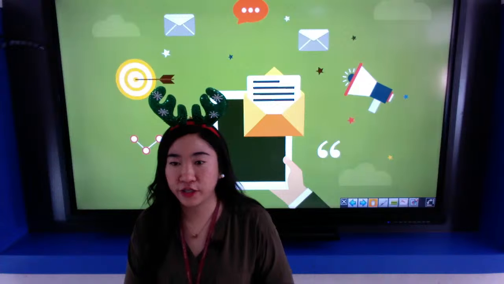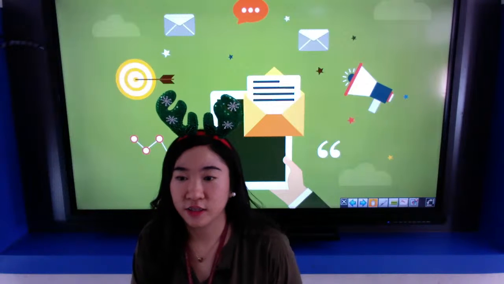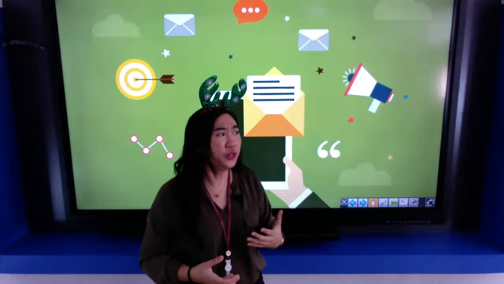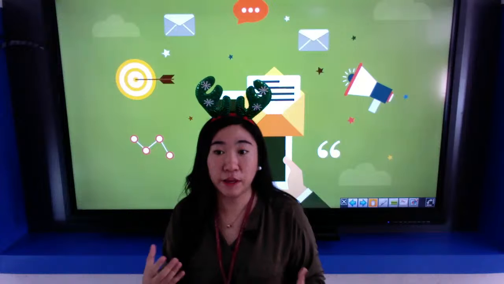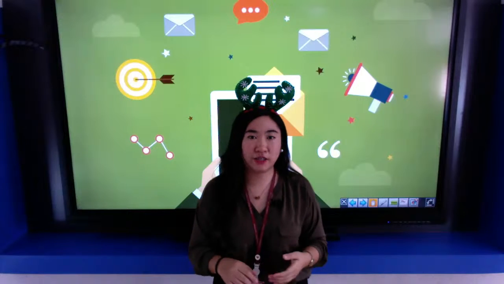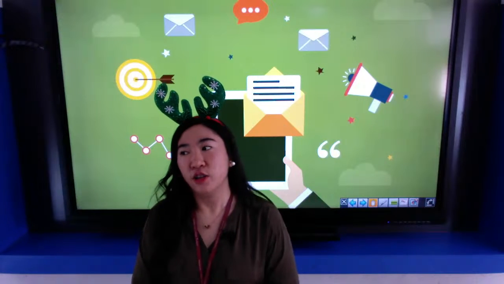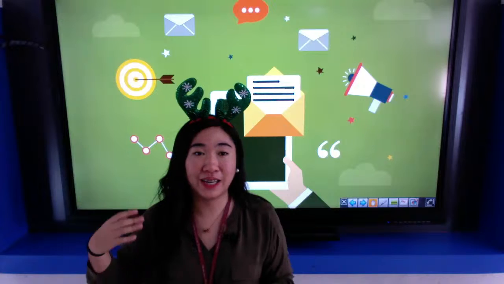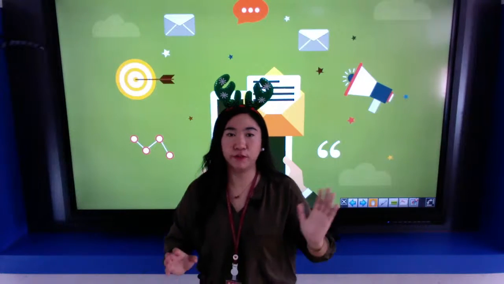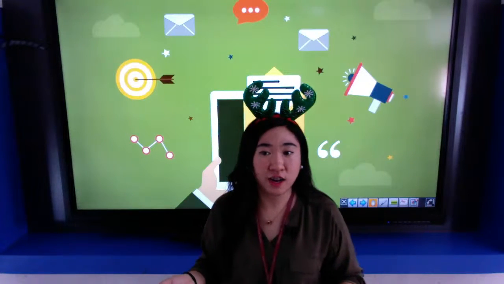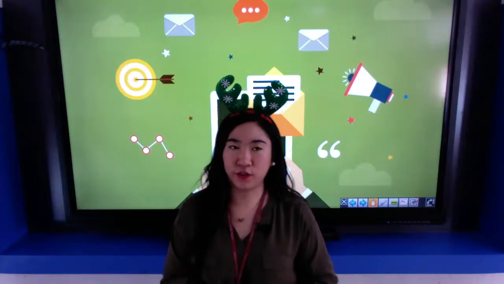Yes, room 6/8. Hello. Okay, so you can send a message through email. You can send a message through post. You can send messages through Instagram, Facebook, Twitter, and many other platforms, okay?